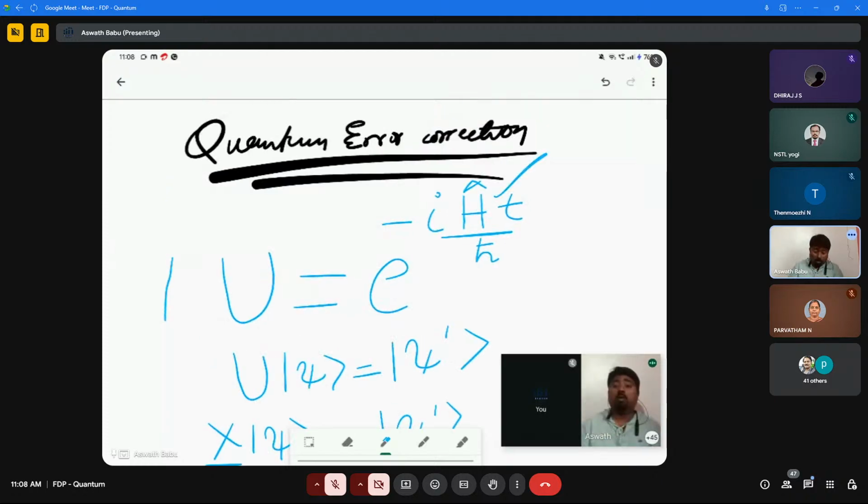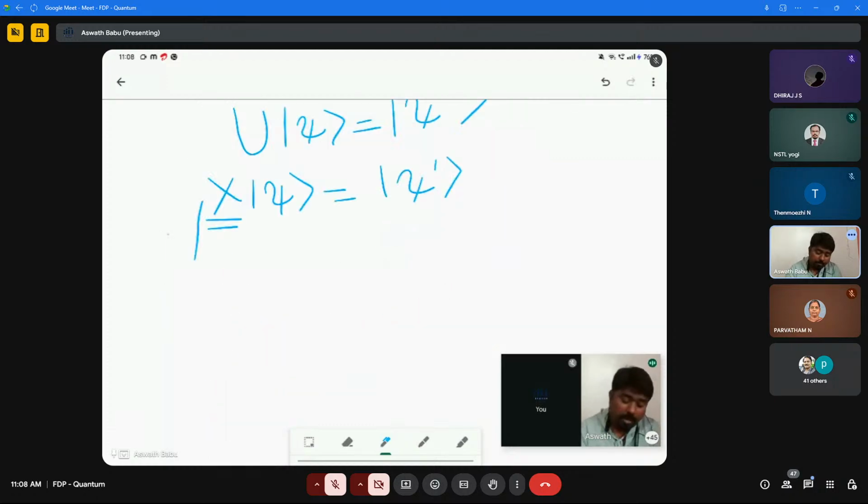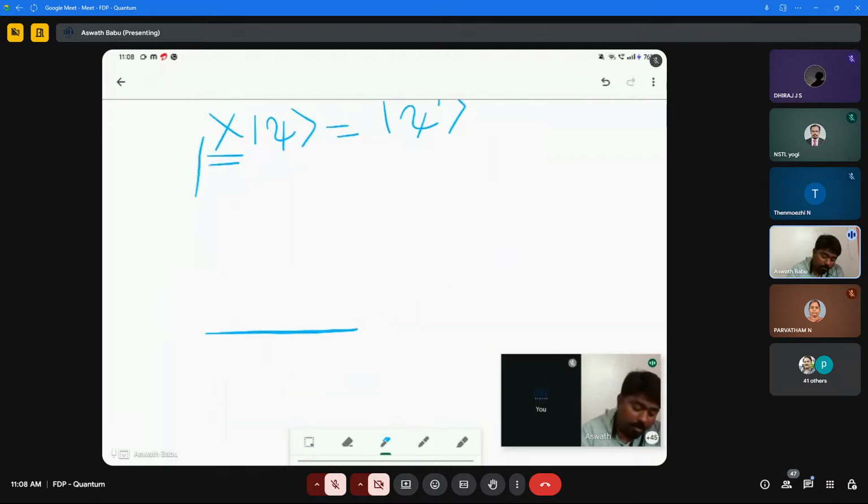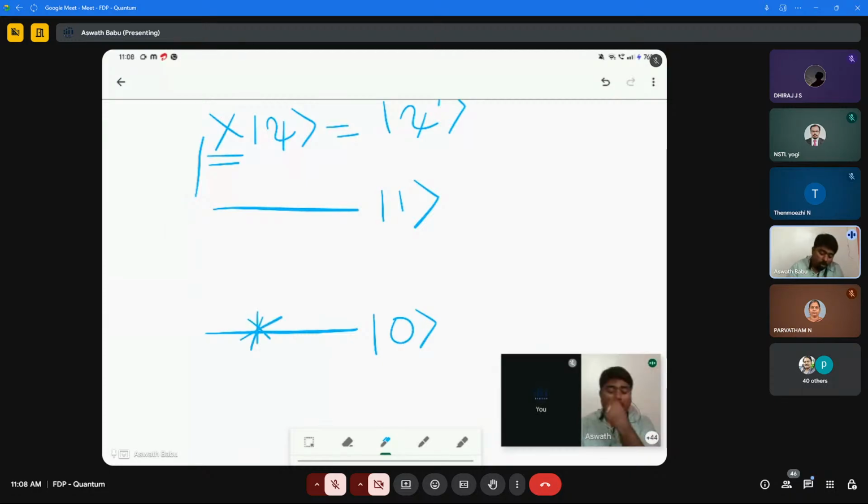Now the answer to your question is, for every gate operation, how are you going to realize that gate operation? Let's say I have a quantum state. Let's say there is a 0 bit, there is a 1 bit. Let's say there is an electron in the ground state. I want to send it to the excited state. What will I do?